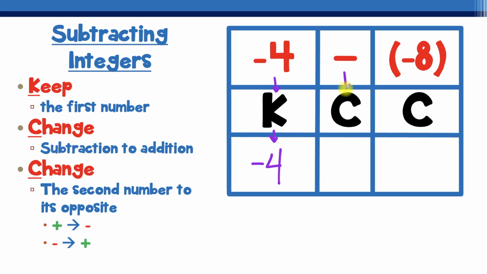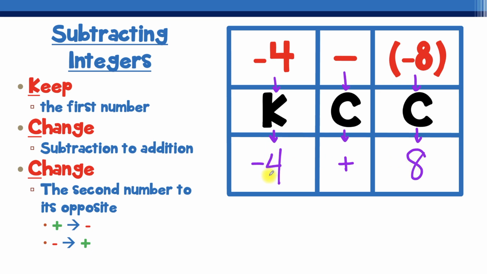So we'll change this minus sign into an addition sign. And finally, we're going to change negative 8, because that's the second number, to its opposite. So negative 8 will become positive 8.